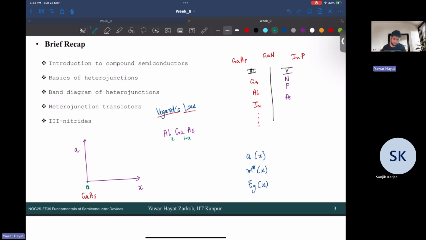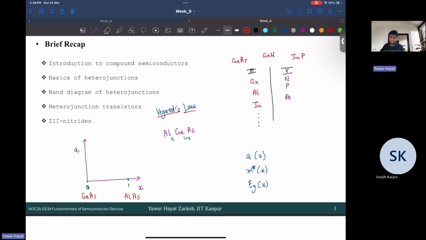And what is the material when x is 1? AlAs. Yeah, that is aluminium arsenide, right? So experimentally, we do have info.